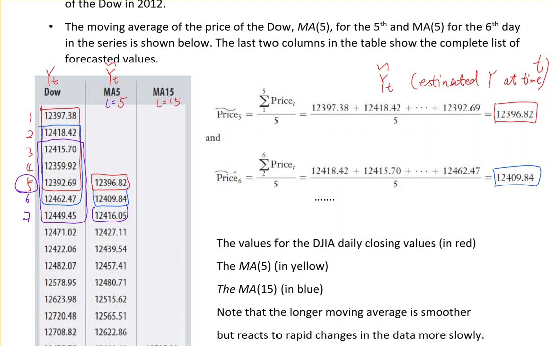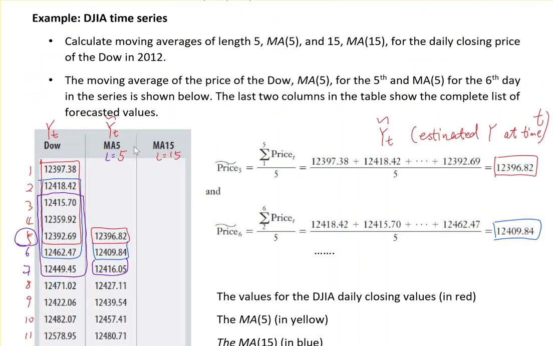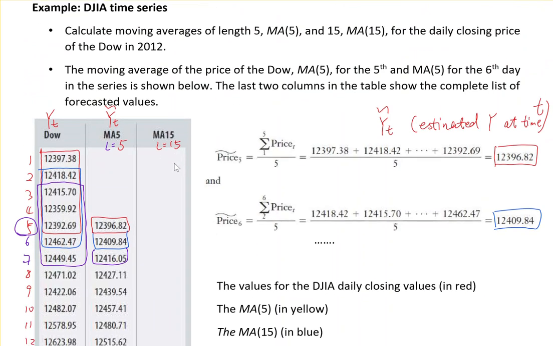That means how you can calculate the moving averages. Now L equals 15, that means you are averaging every 15 observations, right? So this is 7, number 8, number 9, number 10, number 11, 12, 13, 14, and 15.